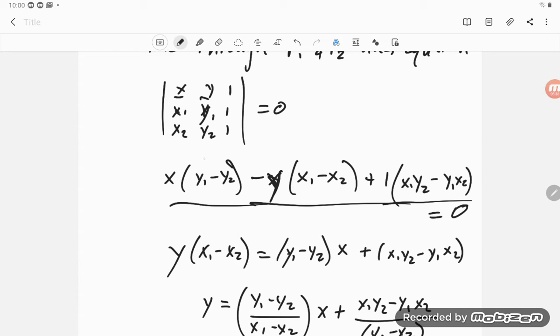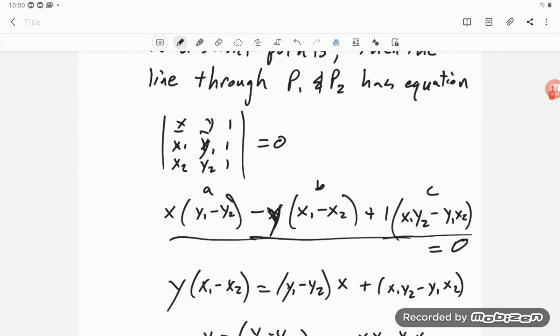Because this would be some A, some B, and some C, and that would be Ax plus or minus, whatever I want to call it, By, and then plus C equals 0. Okay, that's definitely a straight line. And then their proof is, and this is, okay, yeah, I hadn't really thought about that with their proof. Okay, now I see why they threw that in. Okay, I'm a little slow.